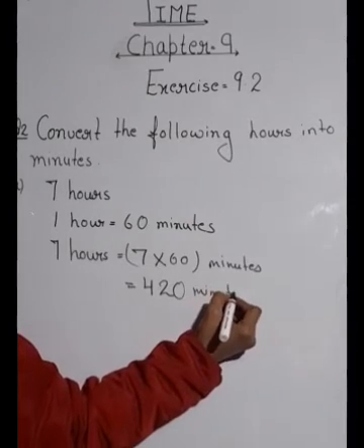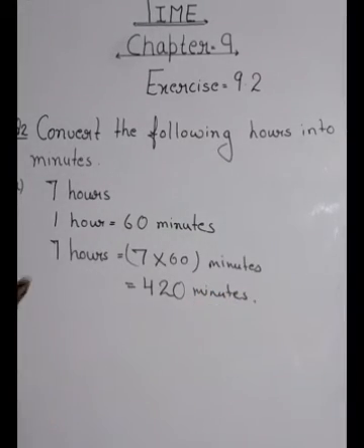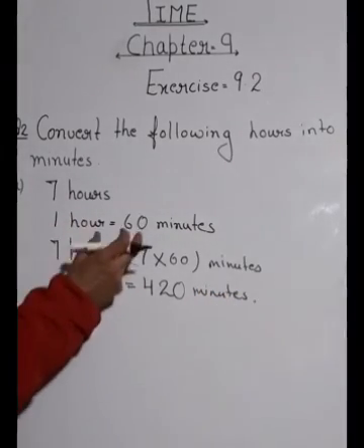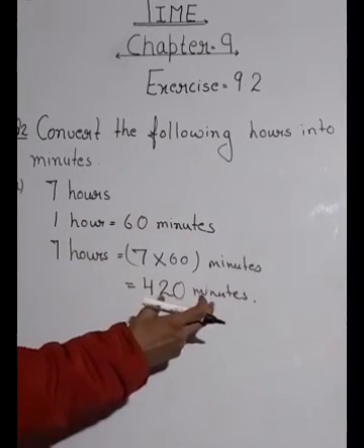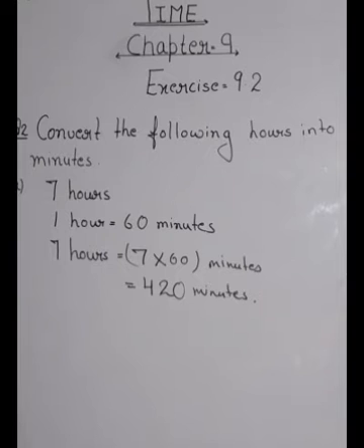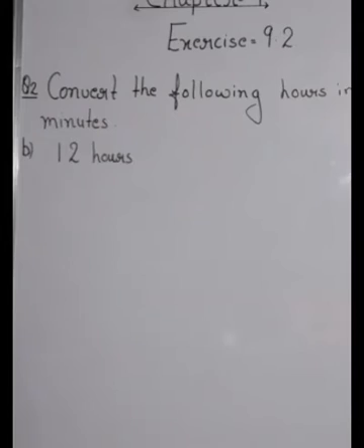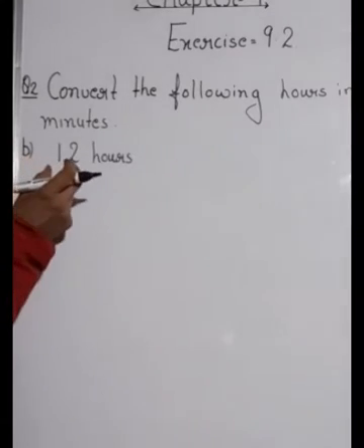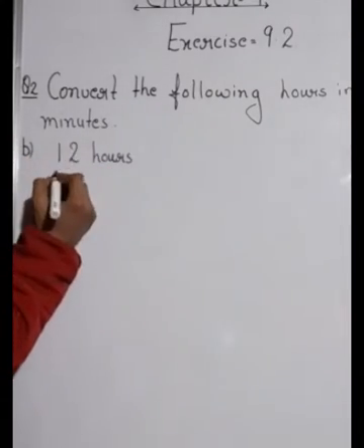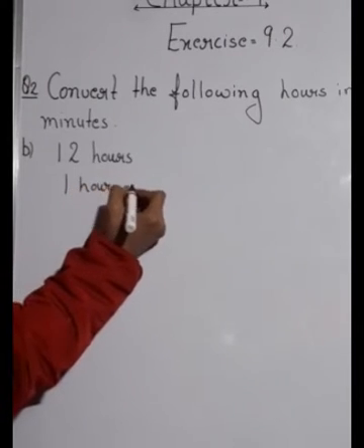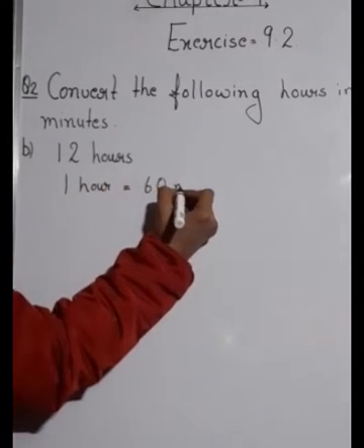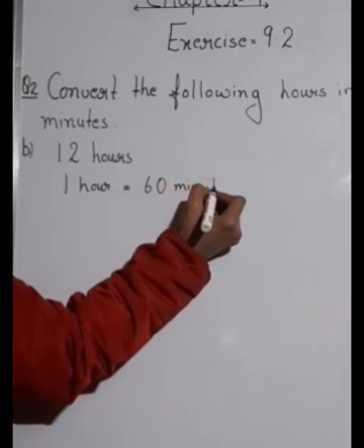You will do the multiplication by yourself. Okay, so in 1 hour, you are having 60 minutes. So in 7 hours, you are having 420 minutes. Okay, we will do one more question of it. Now in your second part, you have to convert 12 hours into minutes. Similarly, as we have done one, this is your 1 hour is equals to 60 minutes.